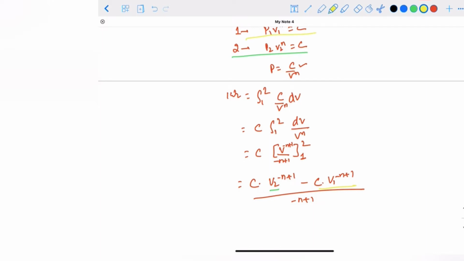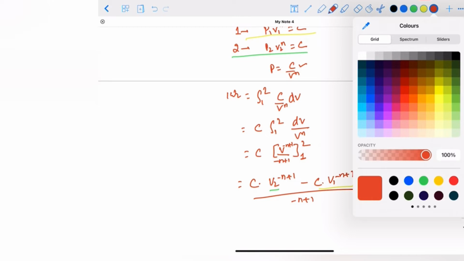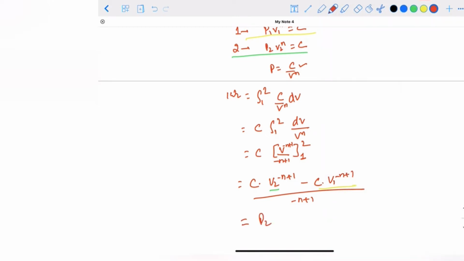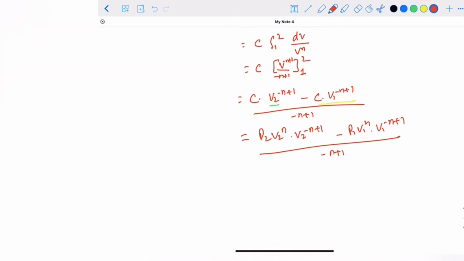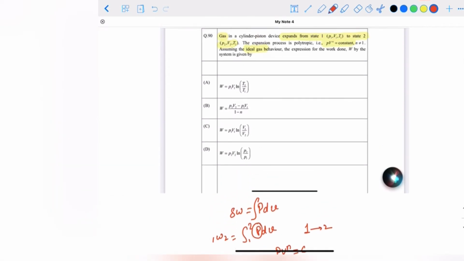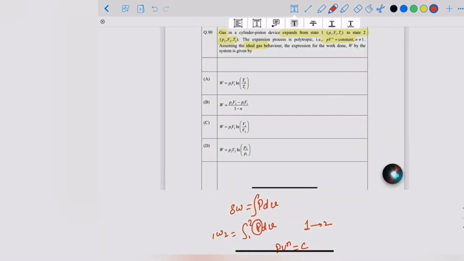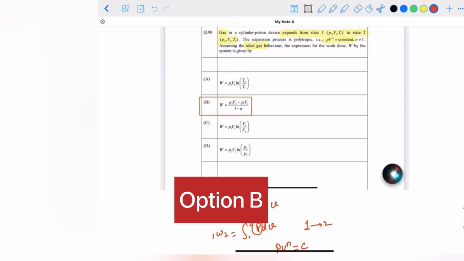So writing the values, I can write P2 V2^n into V2^(minus n plus 1) minus P1 V1^n into V1^(minus n plus 1) upon minus of n plus 1. If we solve this, I will get P2 V2 minus P1 V1 upon minus n plus 1. So from the given options, I can see that option B is the correct answer.